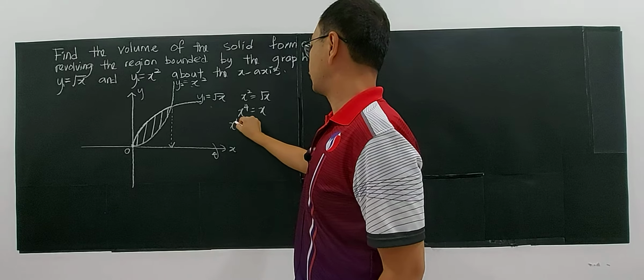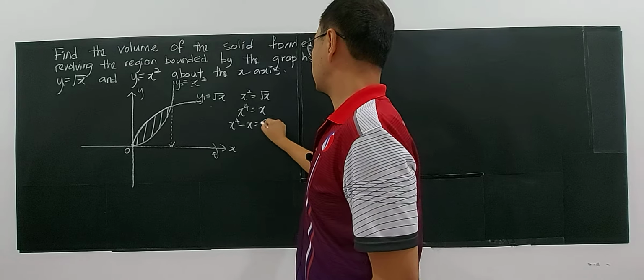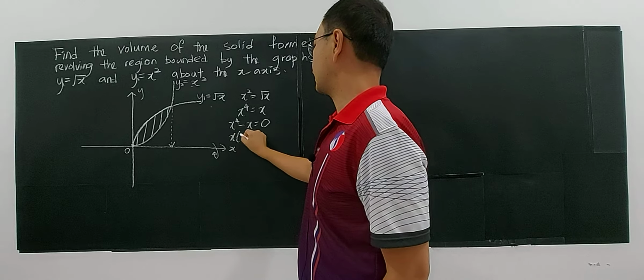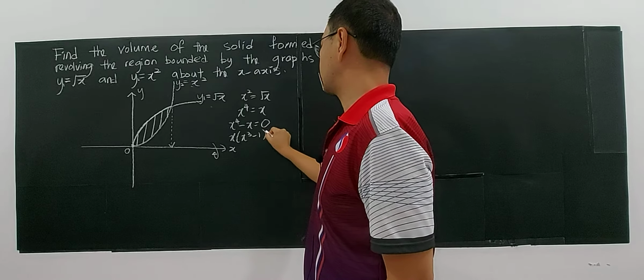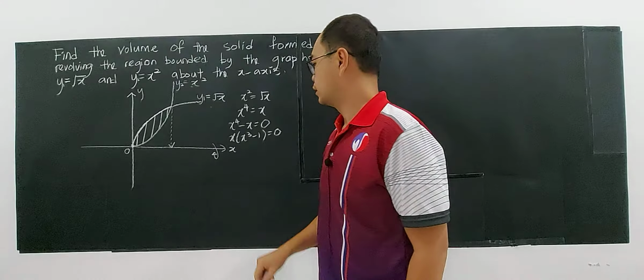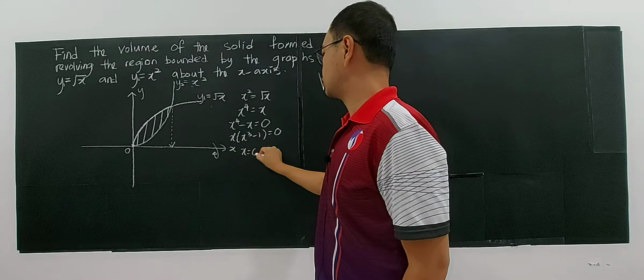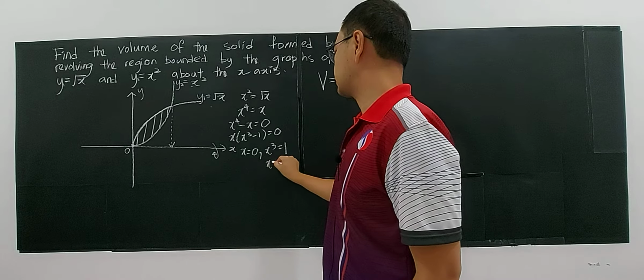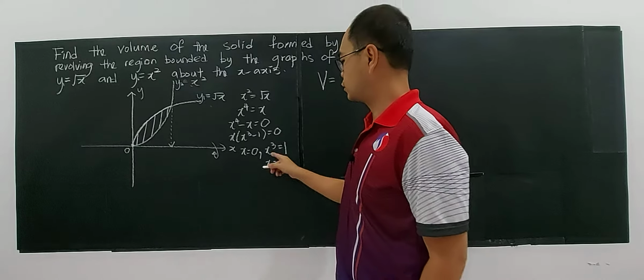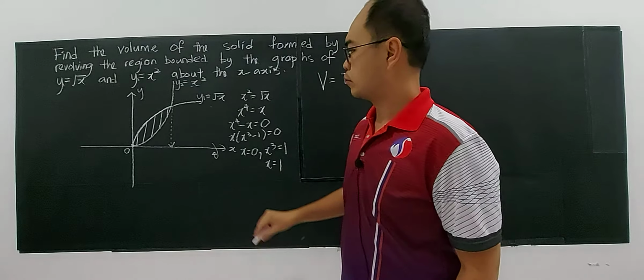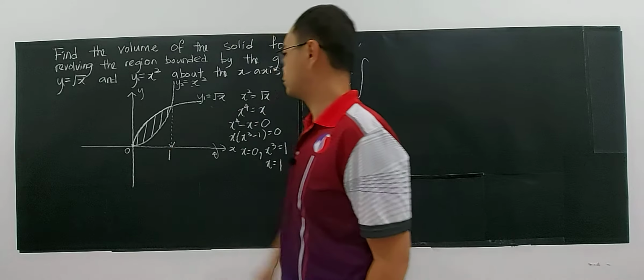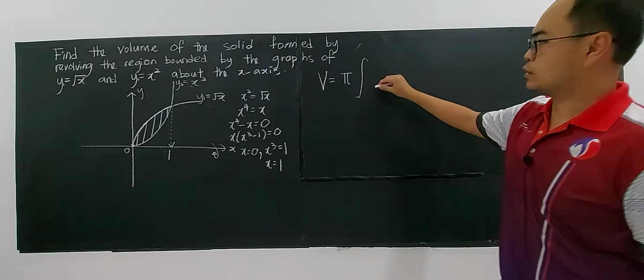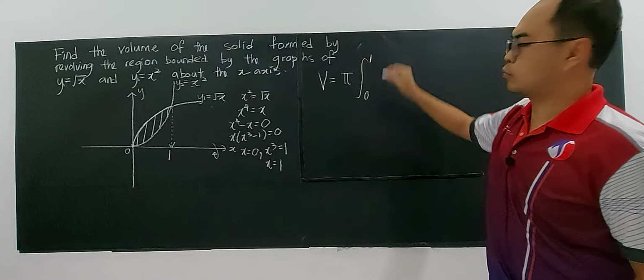So x to the power 4 minus x equals 0, and I factor out the x: x times x cubed minus 1 equals 0. If I solve, I have x equals 0 and x cubed equals 1, so x is 1. So it's between 0 and 1, this region. So it's integrate from 0 up to 1.